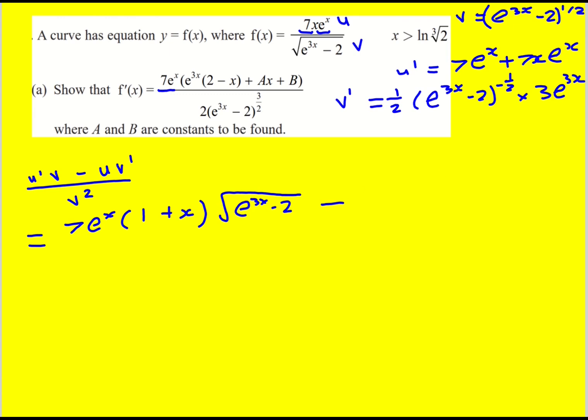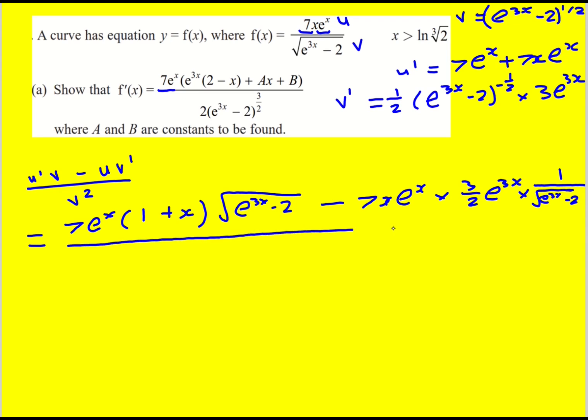And I'm minusing u, which is 7x e to the x, multiplied by v dash, which becomes 3 over 2 e to the 3x, and I'll times it by 1 over the square root of e to the 3x minus 2. And then this is all over v squared. Actually, that becomes e to the 3x minus 2.